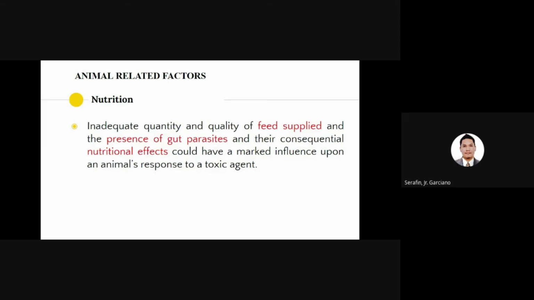So there's a problem already here in the nutrition, and then if there is a worm or gut parasite, it also competes for the nutrition. So this explains that the health status of the animals, especially the nutrition, also plays a major role in toxicosis.